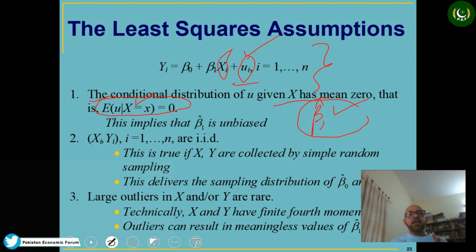X and Y are IID, so long as we are not talking about time series data. We are talking about observational cross-sectional data, so we'll assume that X and Y are independently, identically distributed. Independence means you cannot predict one from the other.